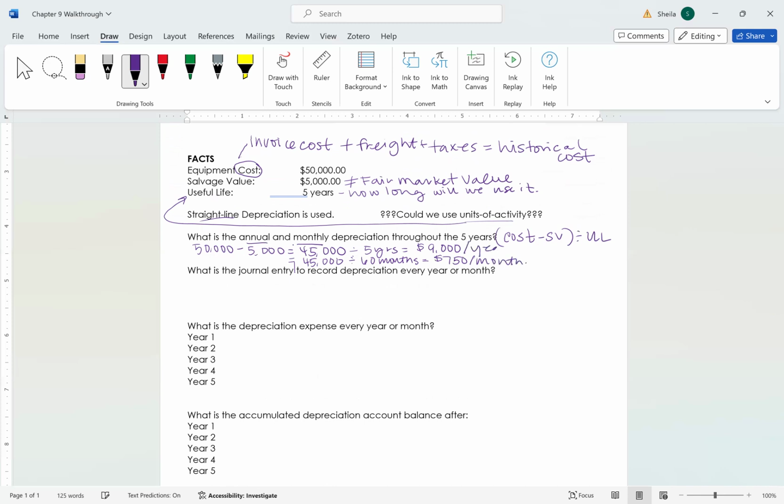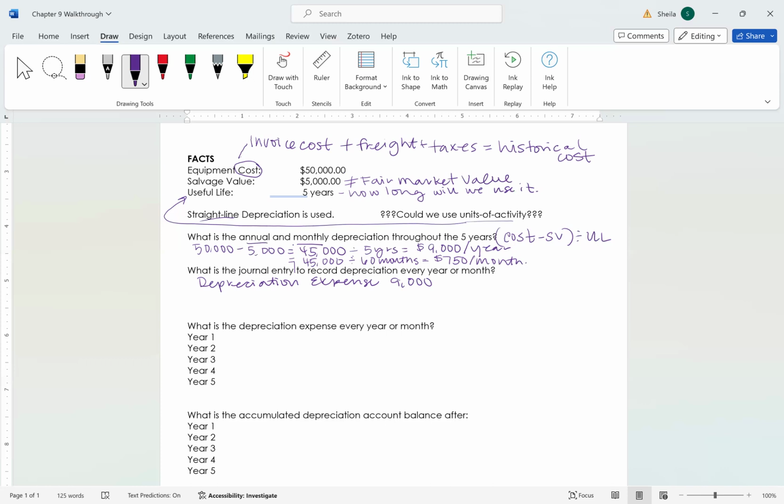Now, if that's how we calculate depreciation using the straight line method, what does the journal entry look like? Well, regardless of whether it's every year or every month, we're always going to record depreciation expense as our debit because expense is always increased by a debit. So that's 9,000. That's our expense. Okay, we always debit depreciation. You might be wondering, well, what's our credit?